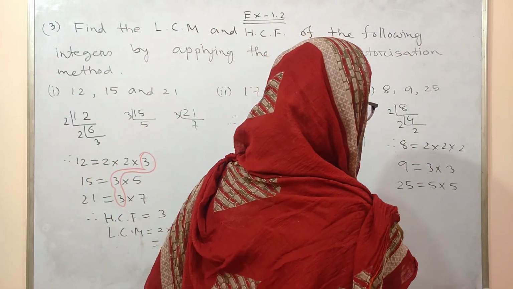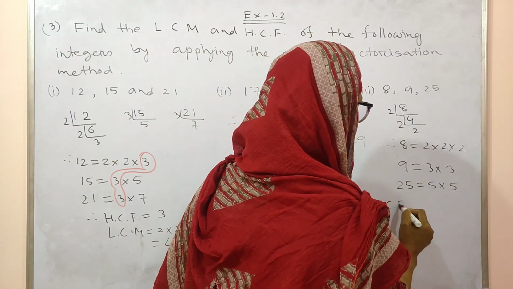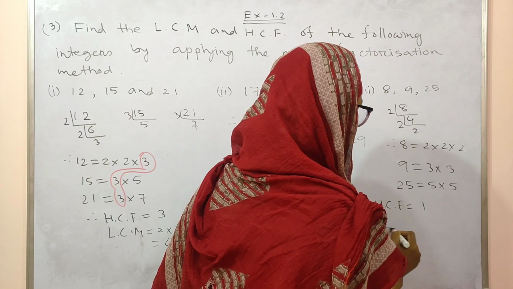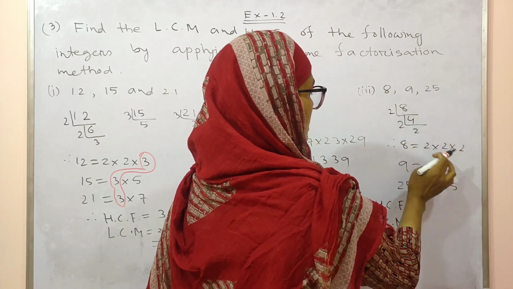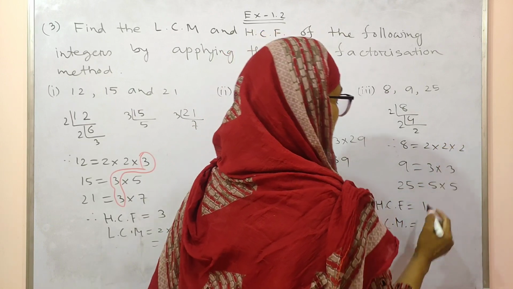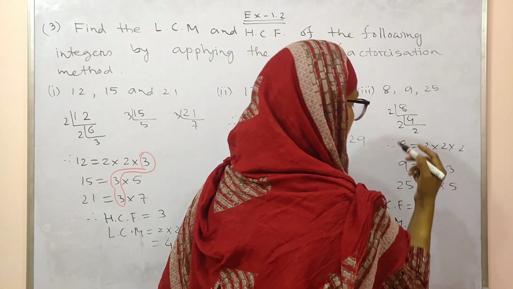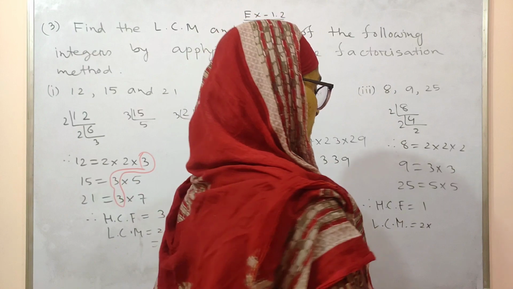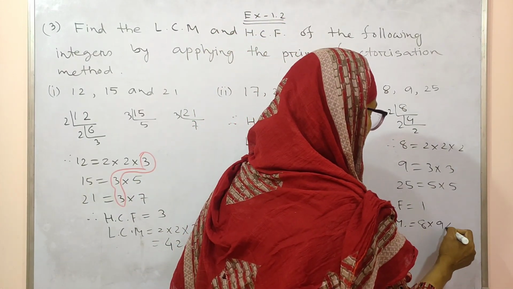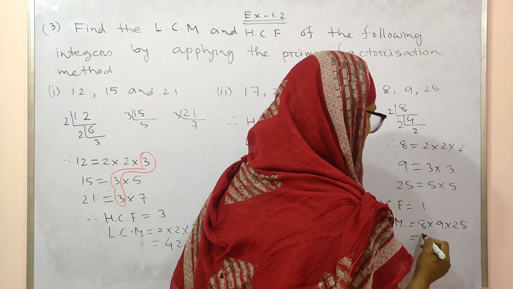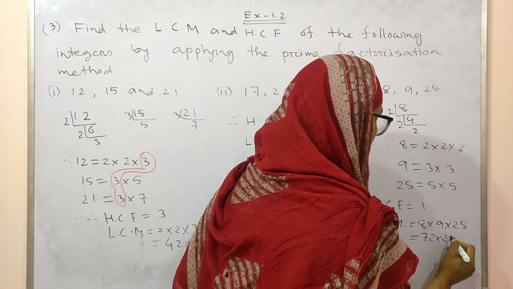So therefore HCF equal to 1 and LCM equal to 2 into 2 into 2, that means 8 into 9 into 25. So 8 into 9 means 72, into 25.